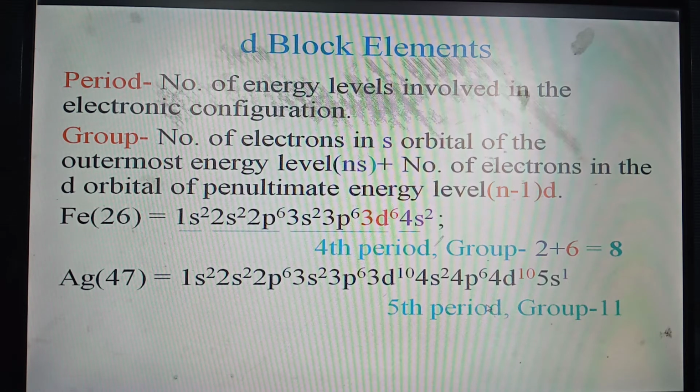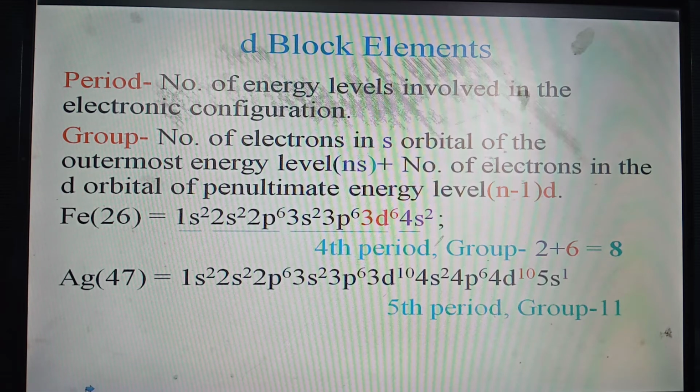Then the group number: the number of electrons in the s orbital of the outermost energy level is 1, and the number of electrons in the d orbital of the penultimate energy level is 10. So the group number will be 1 plus 10 is equal to 11. So silver is placed in the fifth period, group 11.